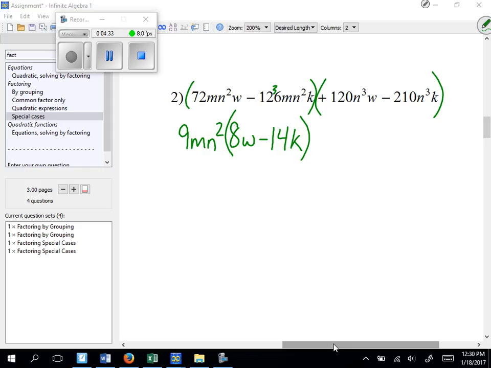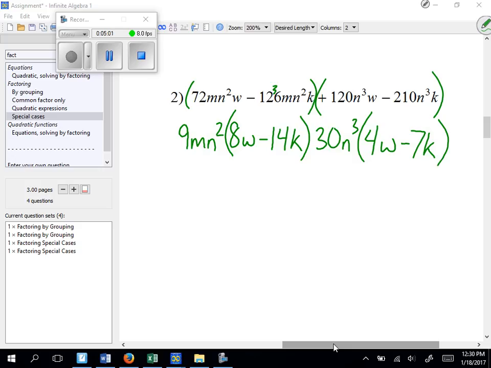So if I do 30, n to the third w, n to the third k, so I know n to the third, times 4w minus 30 times 7. So it'd be 7 in the third k.